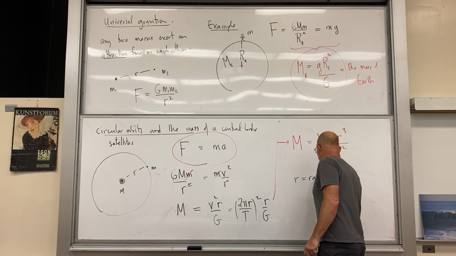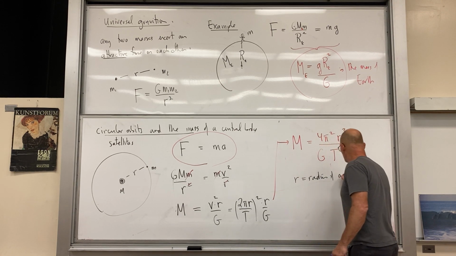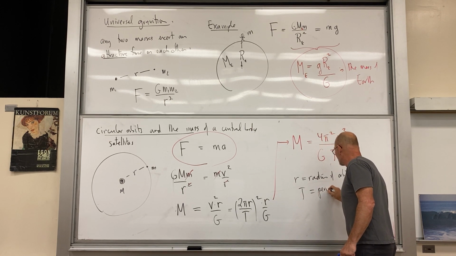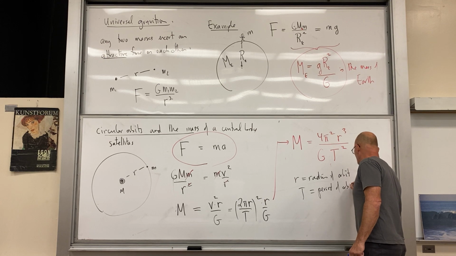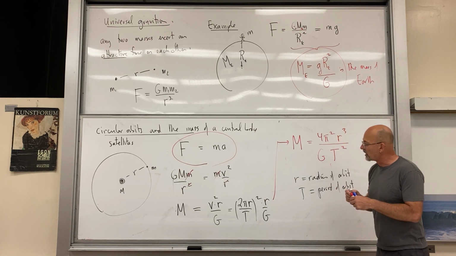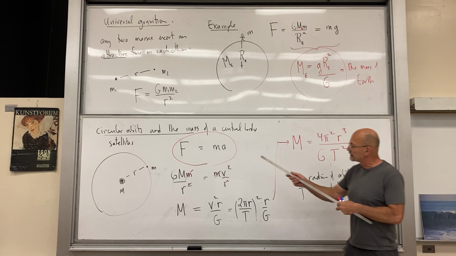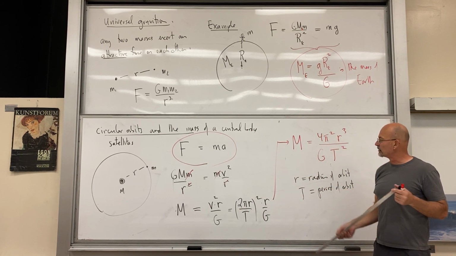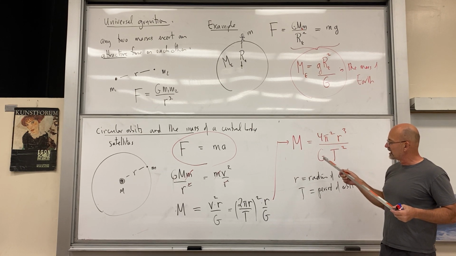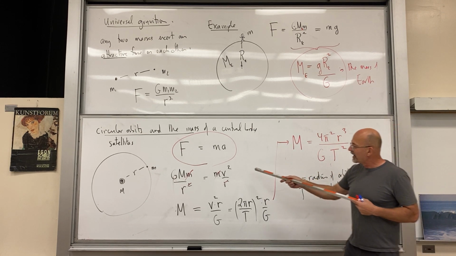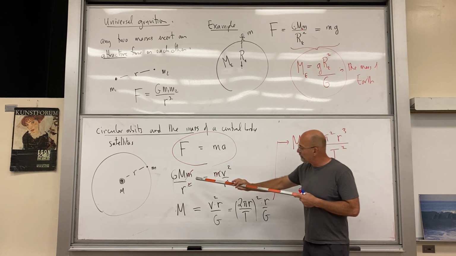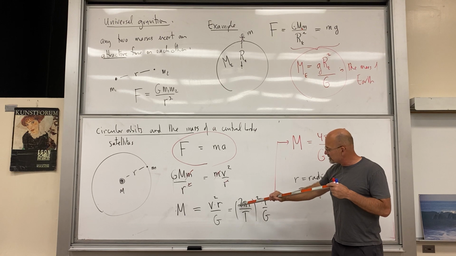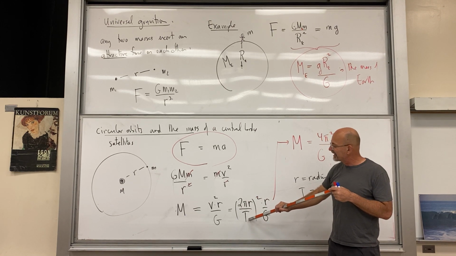R equals radius of the orbit, T is equal to the period of the orbit. So I'm going to assign a few problems like that, but make sure you always start here, okay? Because you may be asking for some different quantity. If you want the mass, you'll go here. You may be given different things, so it's always principally, it's already right here. This substitution, of course, is just distance over time for the speed of an orbit.